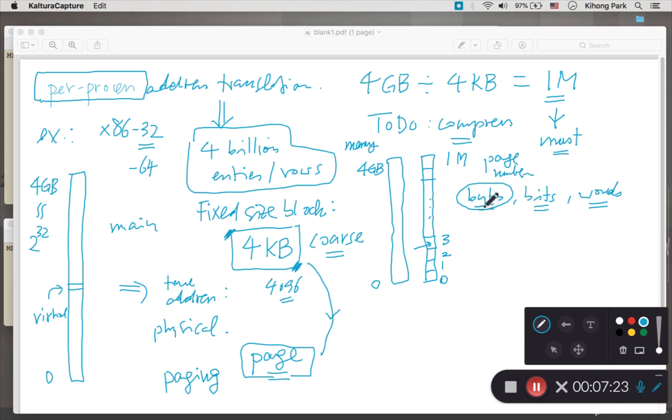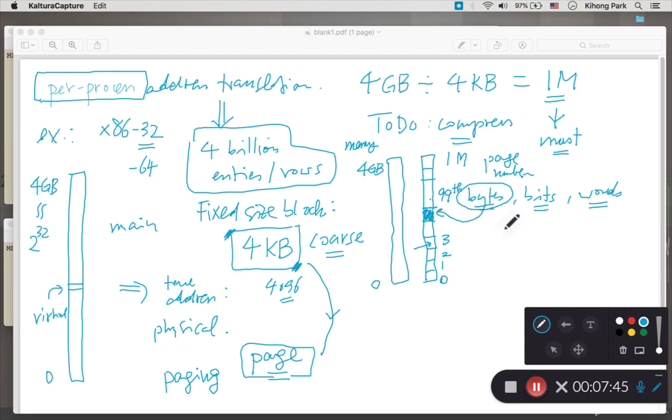We first need to know in which page is this byte located. So which page is it, say in this page? Maybe this is the 99th page. So we find out which page this byte is located.